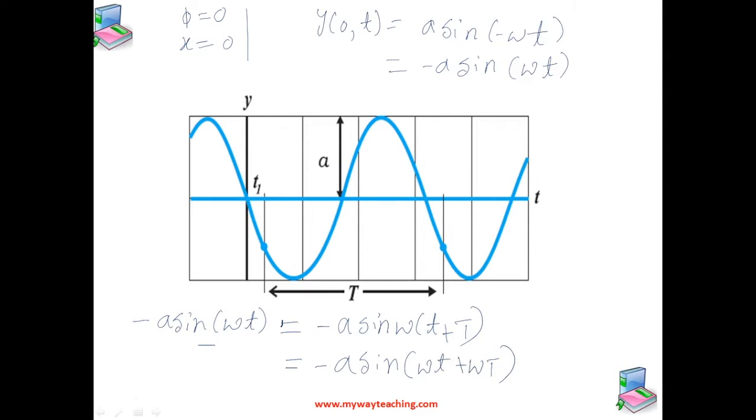Since the sine function repeats for every 2 pi, isn't it? So this wT is equal to 2 pi, or we can say w is equal to 2 pi by T.